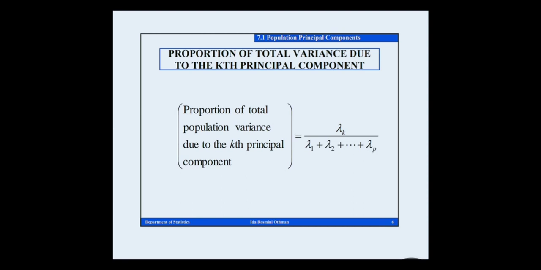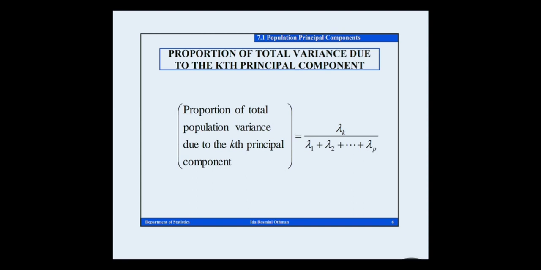Okay, so kalau you tengok dekat page 433, it's saying that if most, which is 80 to 90% of the total population variance, for large P, can be attributed to the first 1, 2 or 3 components, then these components can replace the original P variables without much loss of information.